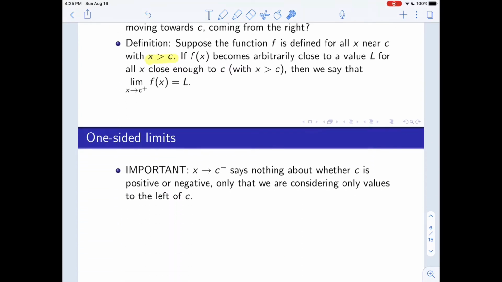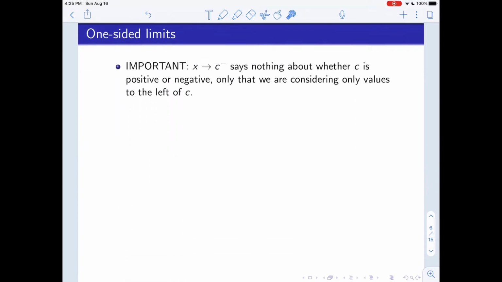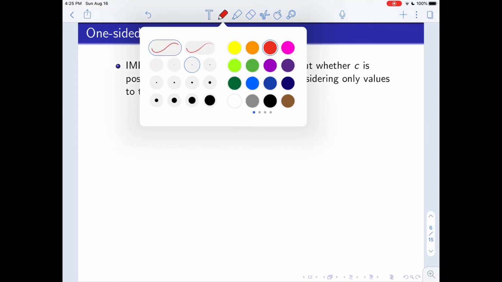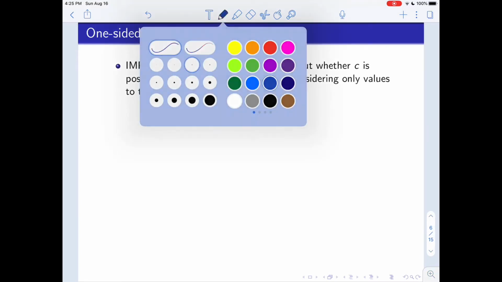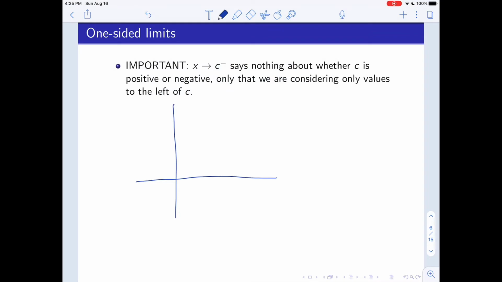Really important to notice here. If I write x approaches c with this minus on it, that says absolutely nothing about whether c was positive or negative. In the picture I was drawing, c was most definitely a positive number.